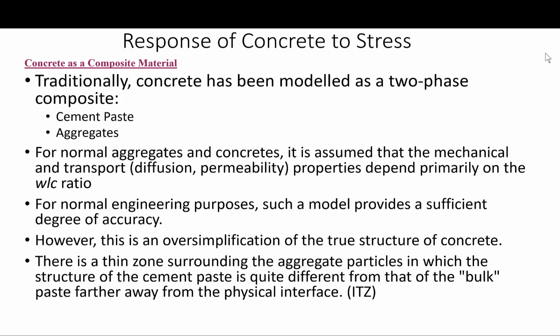However, it represents a considerable oversimplification of the true structure of concrete. It is well known that there is a thin zone surrounding the aggregate particles in which the structure of the cement paste is quite different from that of the bulk paste, further away from the physical interface, in terms of morphology, composition, and density.